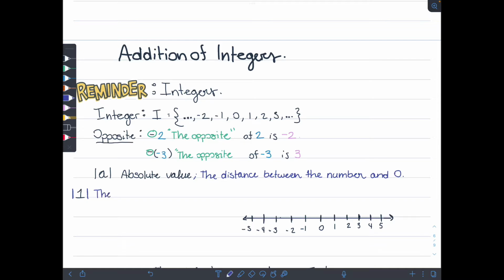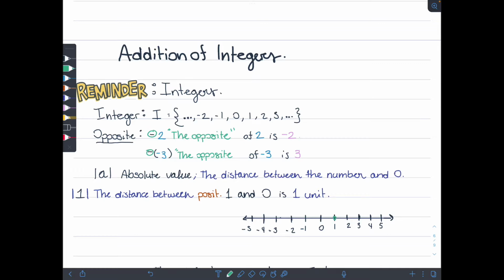Well, it's trying to tell us that the distance between positive 1 and 0 is 1 unit.